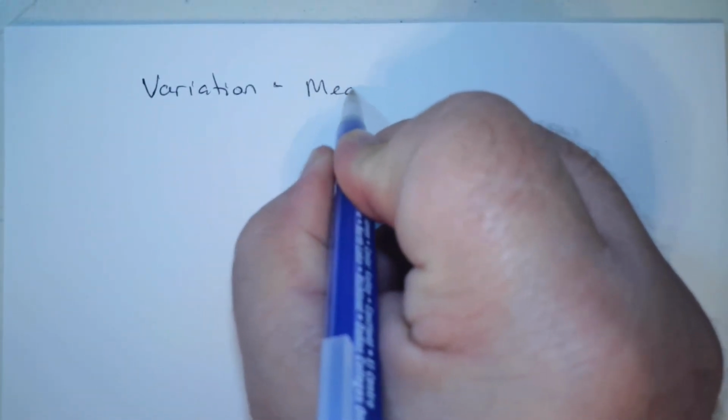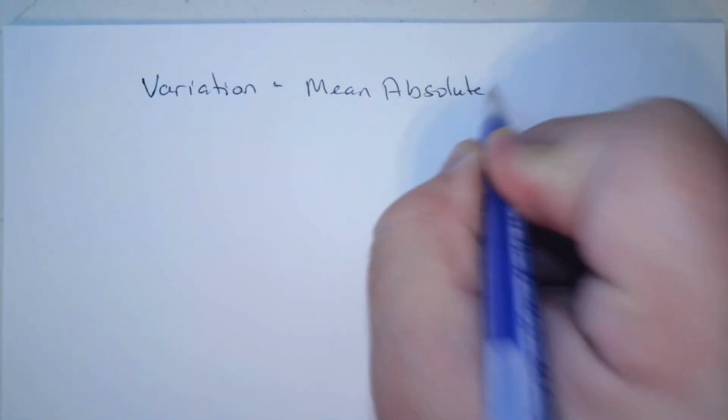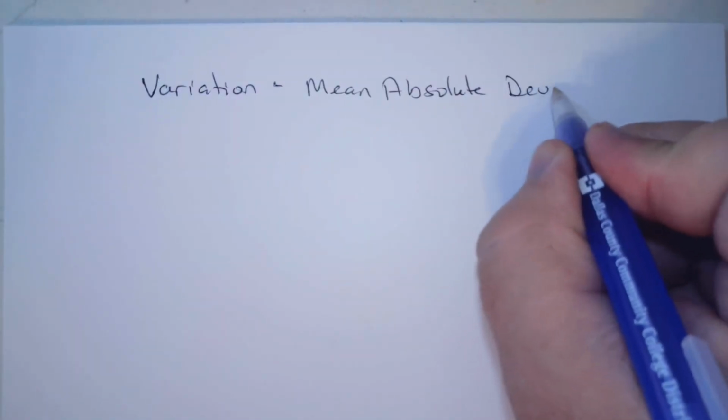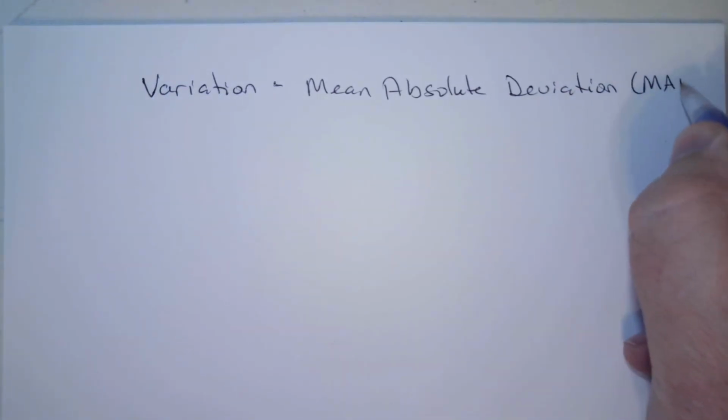Let's look at variation. Here we're going to talk about the mean absolute deviation, or MAD.